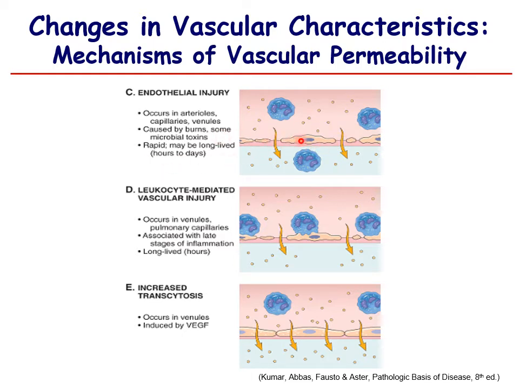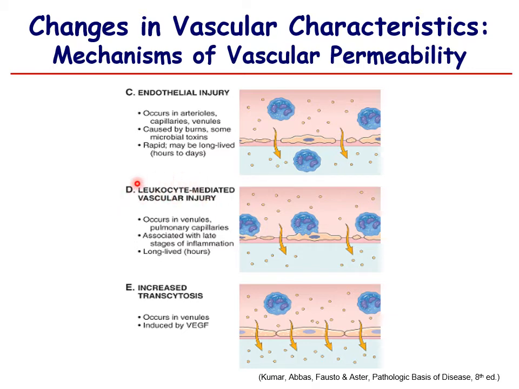So as the vascular endothelial cells die or are damaged, undergoing repair process, the interendothelial space is increased, and therefore the fluid and proteins and cells migrate from blood into the tissue. This happens quite rapidly, but lasts longer, ranging from hours to days, and it occurs in arterioles, capillaries, and venules.